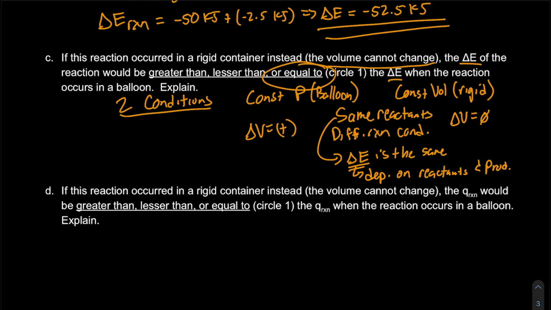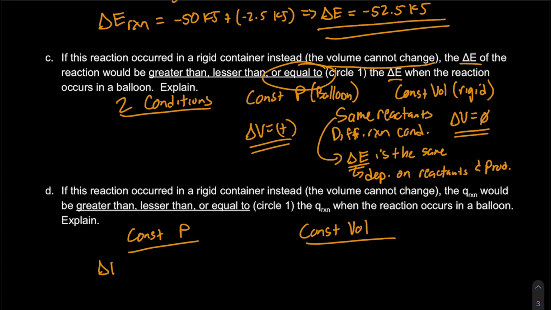Now, as a consequence of this, let's think back to D. If this reaction occurred in a rigid container, again constant V, delta V equals 0. So again, if we're at constant pressure or at constant volume, we look at these two conditions. We just said our delta E is the same, negative 52.5 kilojoules.